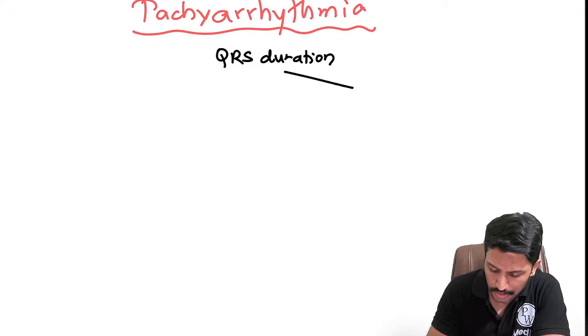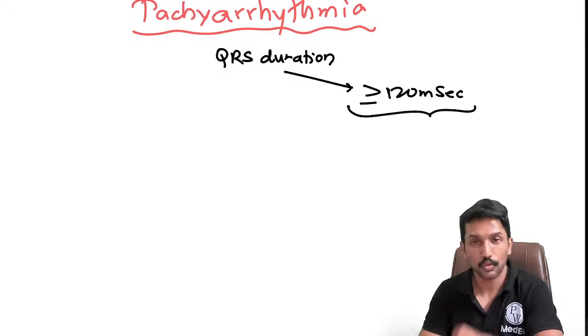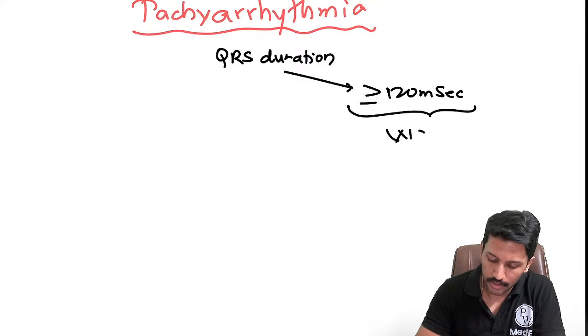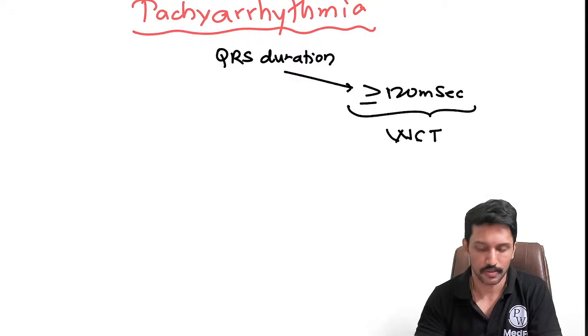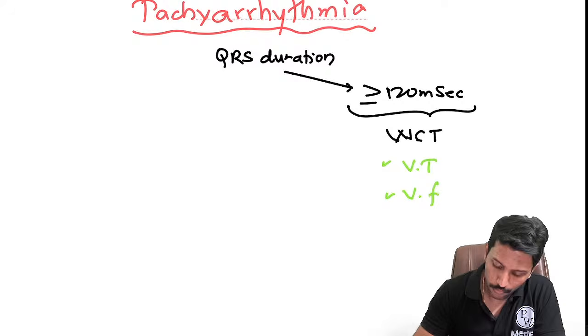If the QRS duration is more than or equal to 120 milliseconds, those arrhythmias will be called as wide complex tachyarrhythmias. You have only two differential diagnoses here. One is going to be ventricular tachycardia, the other one is going to be VFib.